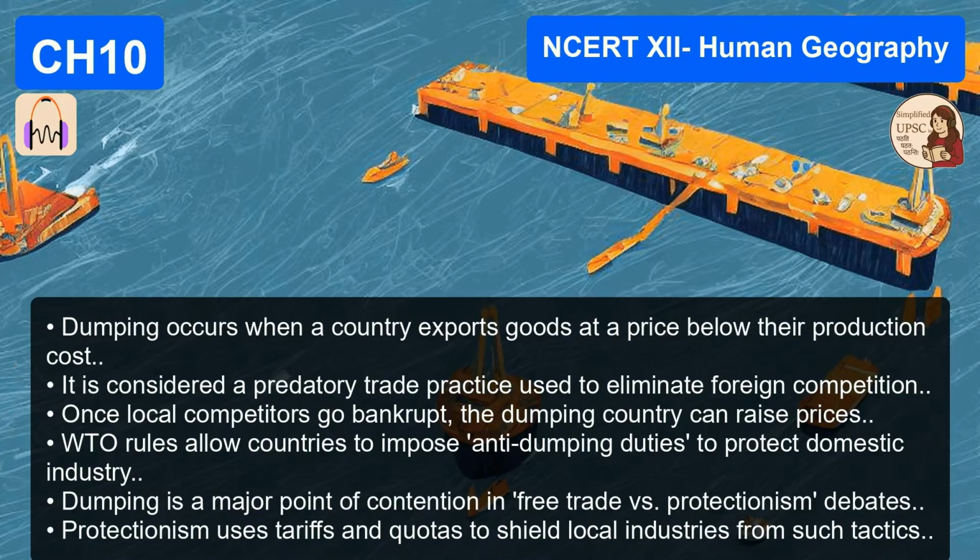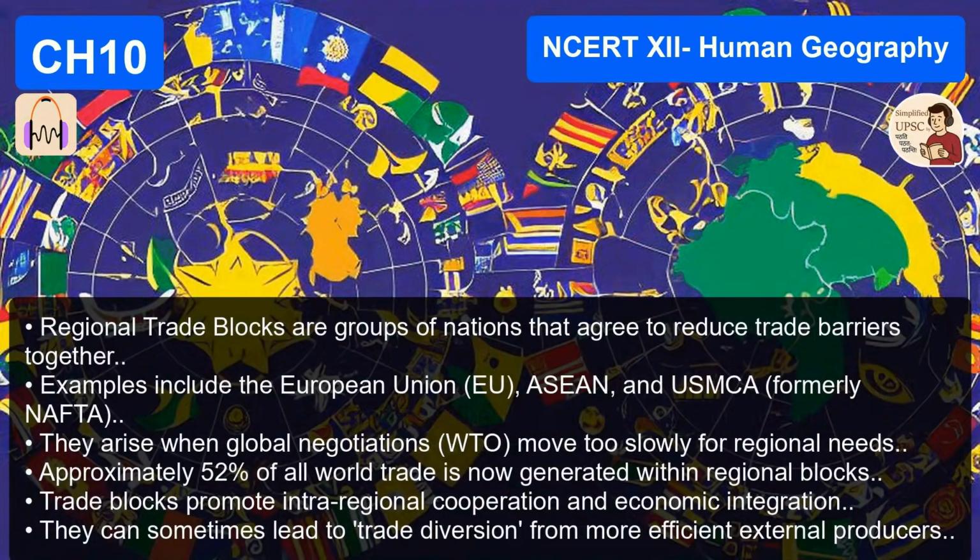The text has a stunning statistic. 120 regional blocs now generate 52% of all world trade. That is a massive chunk, more than half. It is. Groups like the European Union or ASEAN or the USMCA in North America, they say, okay, maybe the whole world can't agree on everything, but we neighbors can agree to lower tariffs among ourselves. It's faster and easier to manage.